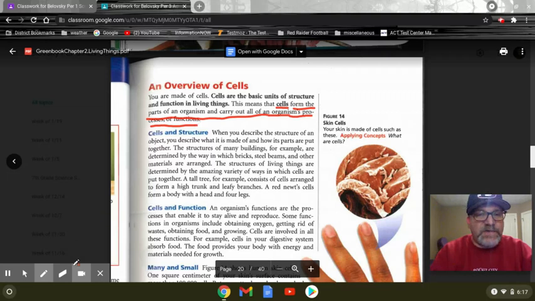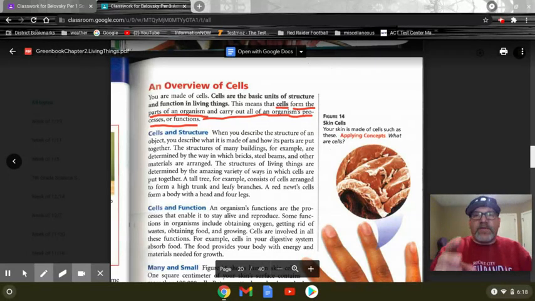And it's kind of hard to see that right there, so let's make it so that you can see it. All right, so cells form the parts of an organism and carry out all of the organism's processes or functions. Hit pause and type that in.